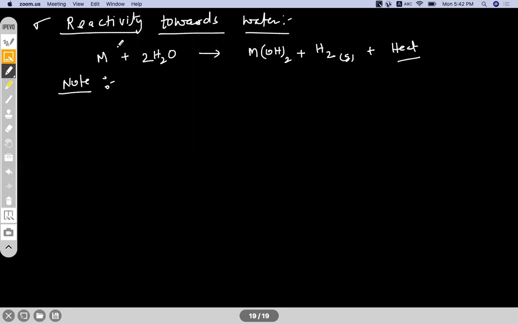Next line, magnesium also forms a protective oxide layer.